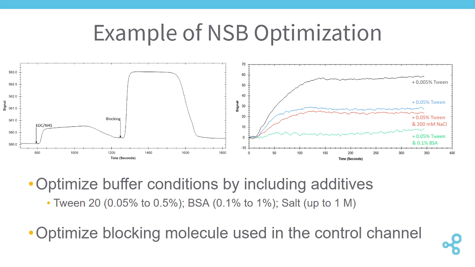If your analyte is quite positive, you might want to change that ethanolamine to ethylene diamine so that we can change the charge on the surface of our sensor. Again, when we're looking at these blocking molecules, we recommend that we try to get the density in this blocking channel to be identical or as close as possible to the density in our active ligand channel.